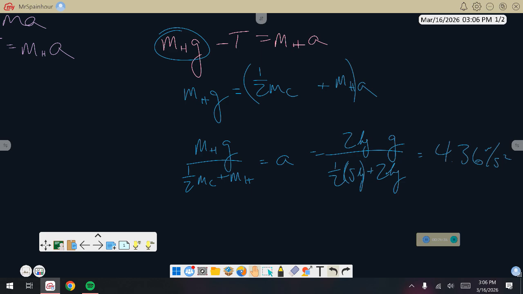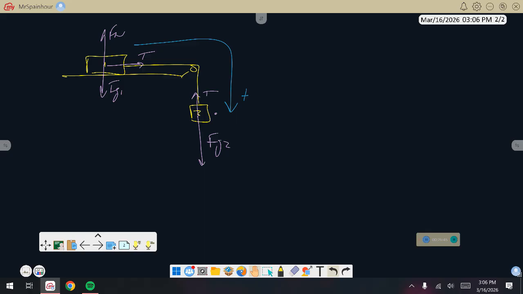The only way you're going to get 9.8 is if the mass of the cylinder is 0 or so close to 0 that we can ignore it, which is exactly what I told you happened in this particular case. This thing was so tiny that it was almost 0, so we could ignore it in our system before you ever knew it was even a thing.